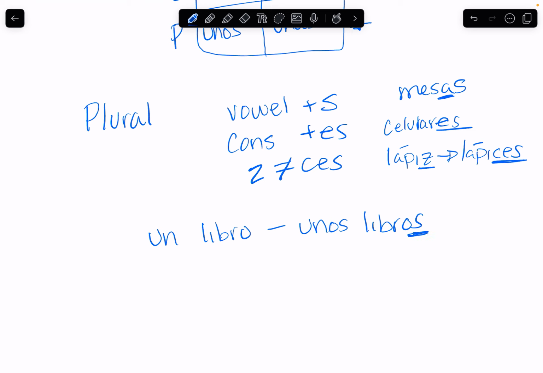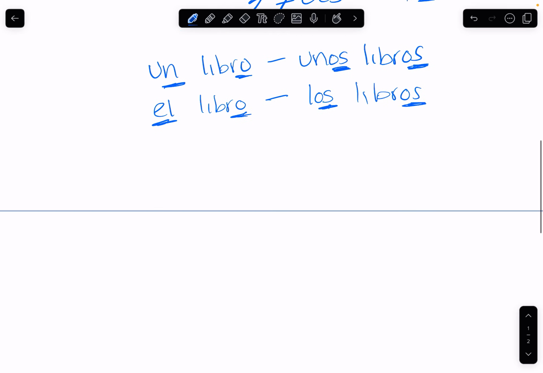This is plural, so this is plural. This is singular, so this is singular. Everything has to match up. So you can have el libro or los libros. Plural, again, plural. Singular, singular. Everything has to always match up depending on what you're talking about.